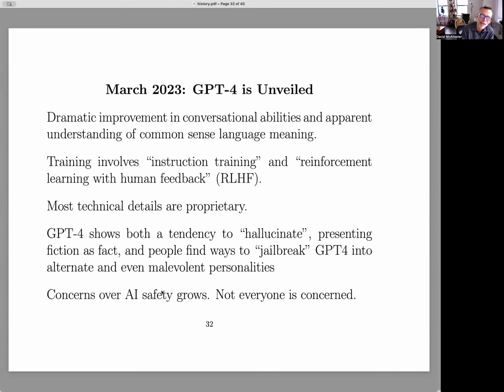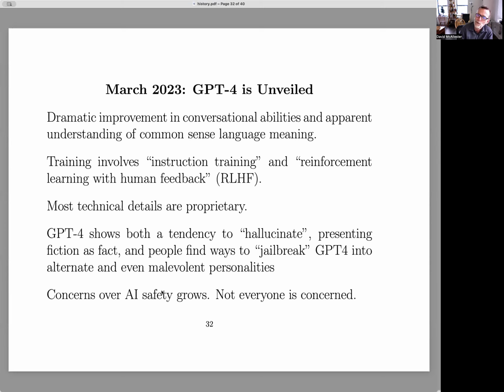Okay, March 2023. This is like a year ago now. GPT-4 is unveiled, and it's a major advance in language modeling and what we can do with language models. And of course, people are now very concerned about AI safety, and a lot of people are wondering when artificial general intelligence will actually arrive.